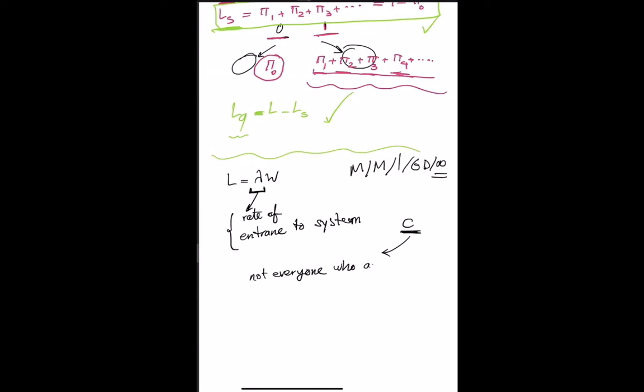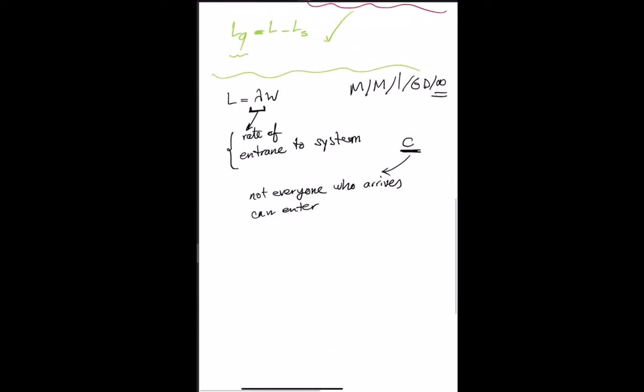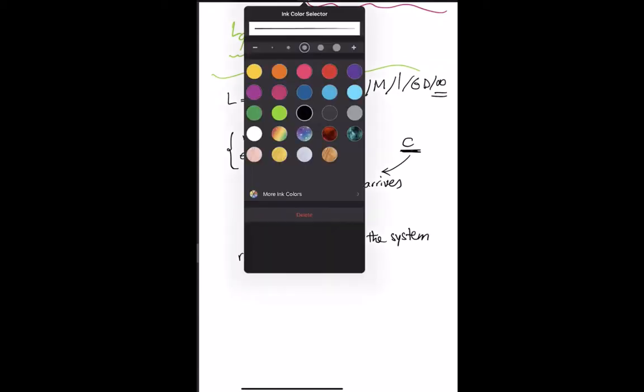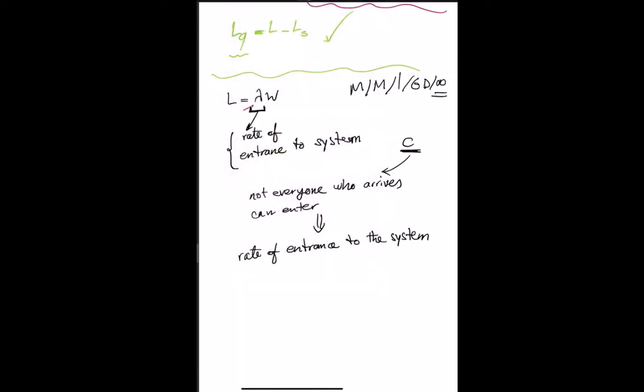As a result, I have to calculate the rate of entrance to the system. And this rate of entrance is exactly what I need to put here for lambda. So what is the rate of entrance?